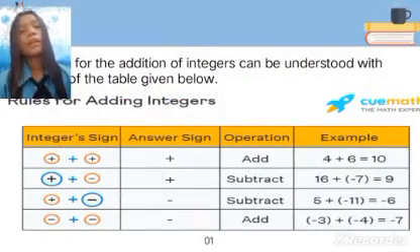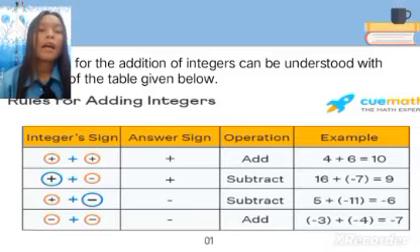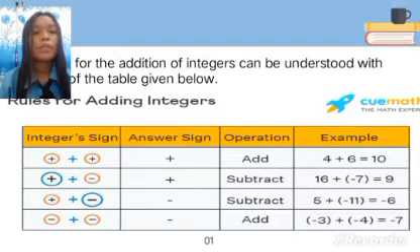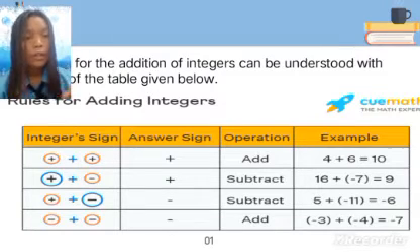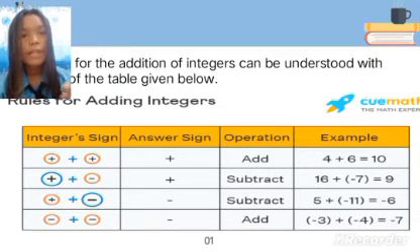The addition of integers can be understood from the table given below. For your better understanding, this table represents the easiest way to discuss the rules for adding integers. There are 4 columns, 1, 2, 3, 4. The first column represents the integer sign.